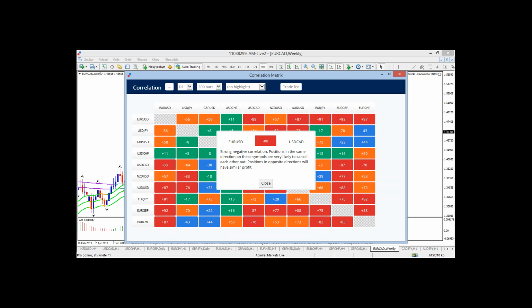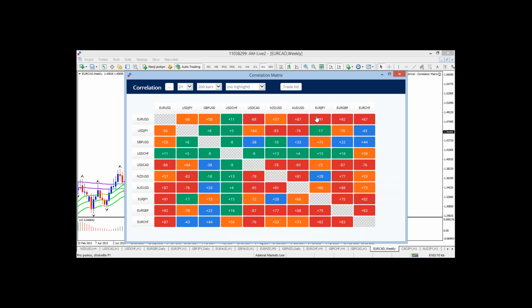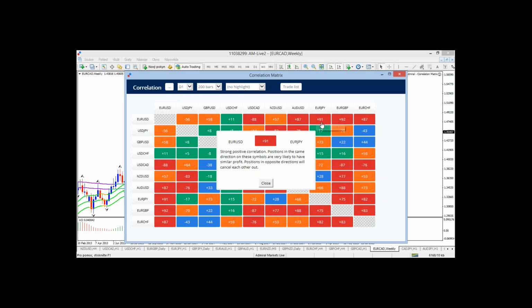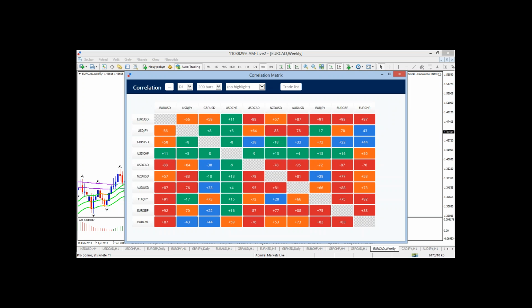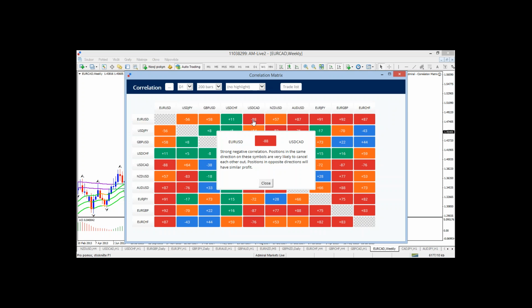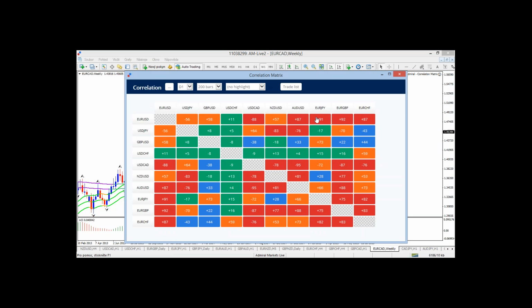Actually, the euro is strongly correlated to the euro yen at this point. Positive correlation. The one that seems not correlated is the dollar Swiss. It doesn't seem that interesting to me. Pound doesn't seem that correlated either, but that's just because it's not moving. Dollar yen, also not so much, but it's not moving.